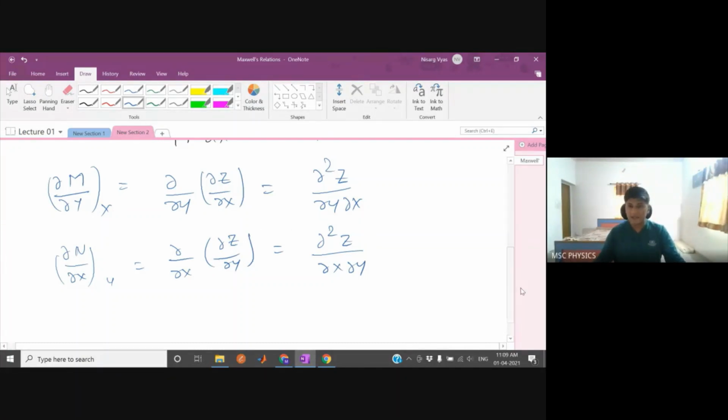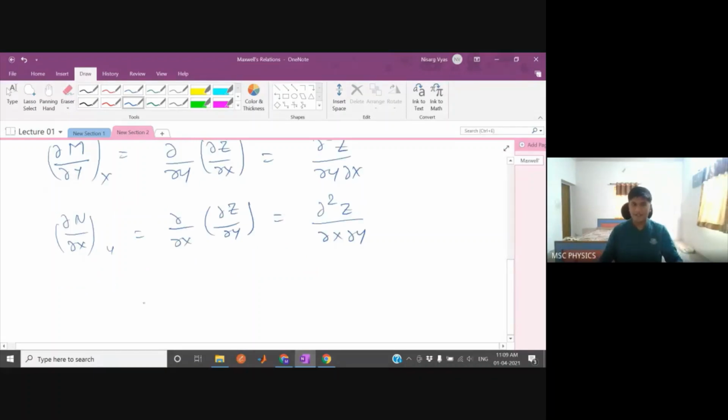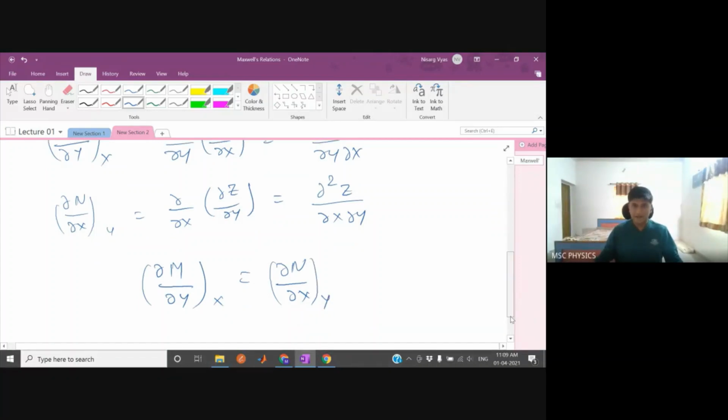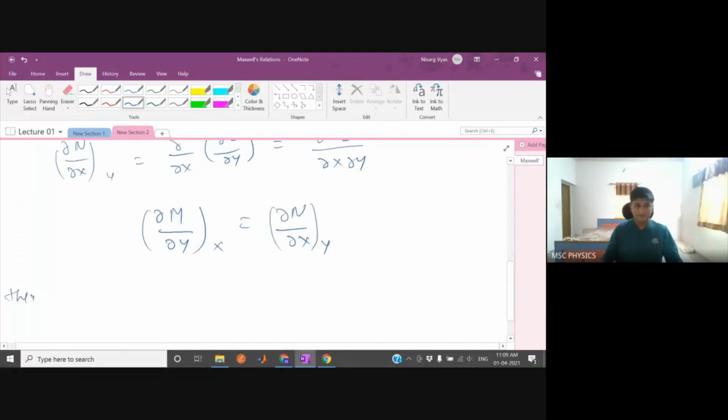What do we mean by exact differentials? This is the definition: if del M by del y at constant x equals del N by del x at constant y, if this condition is satisfied, then M and N are called exact differentials.